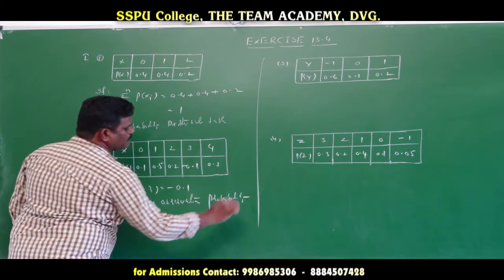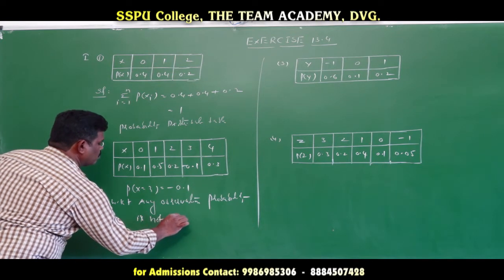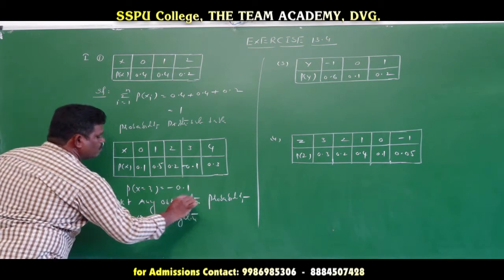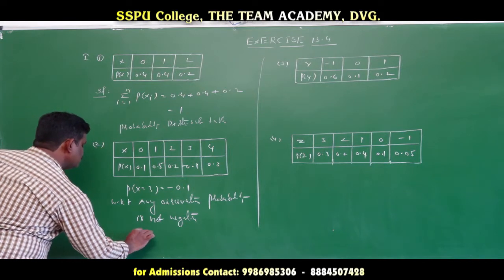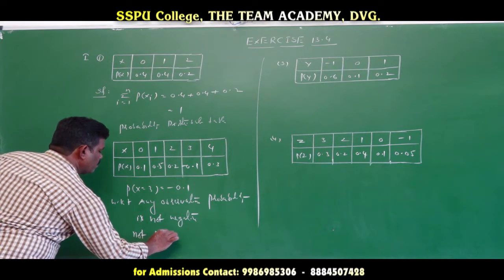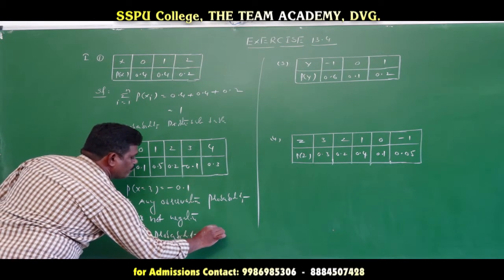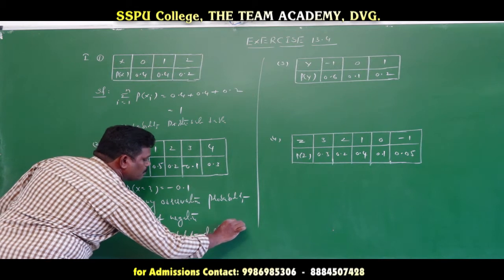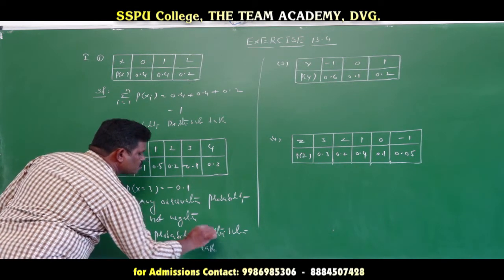But here there is a negative, so this is not a probability distribution table.